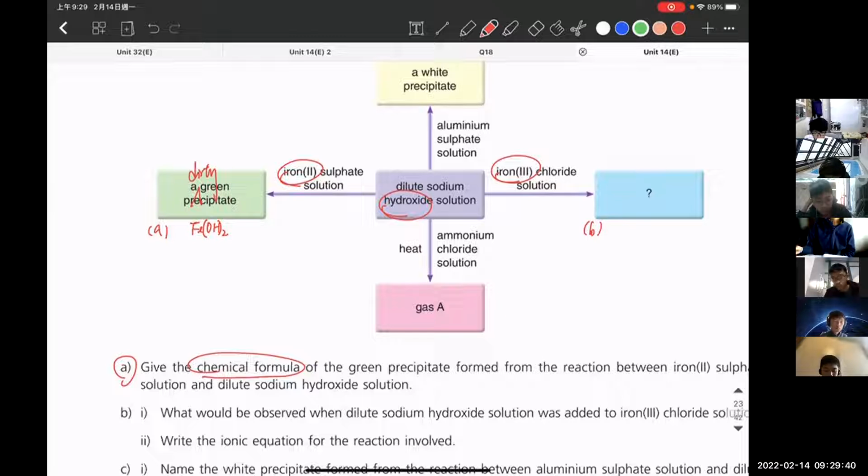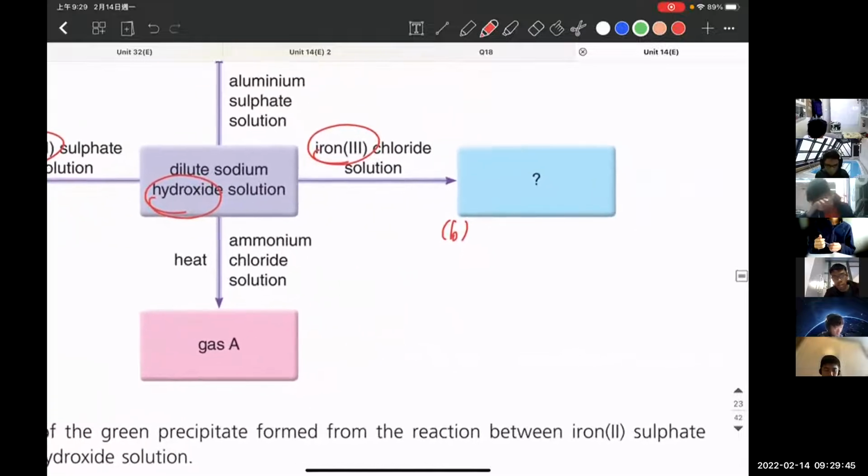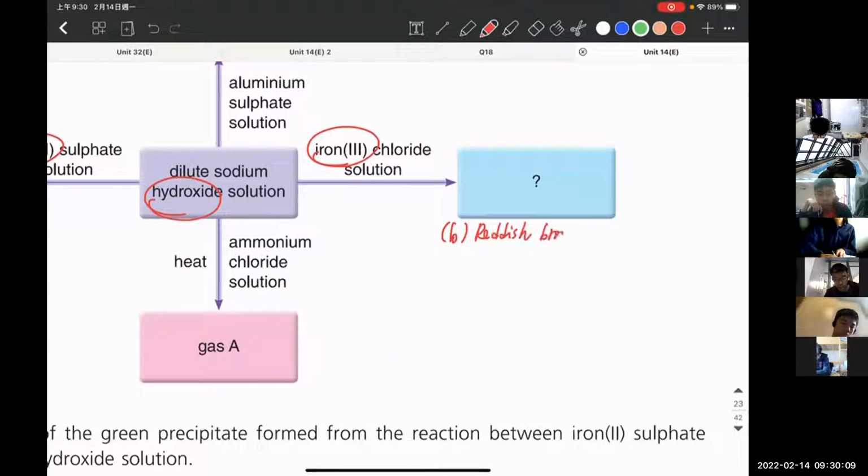A reddish brown precipitate forms. Yep, reddish brown precipitate. Now remember, in your quiz or exam, you have to write down the full term.